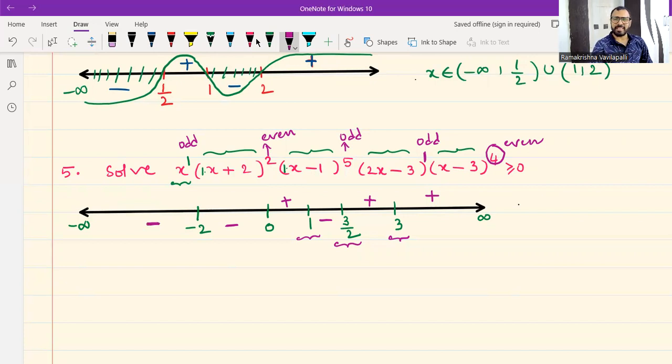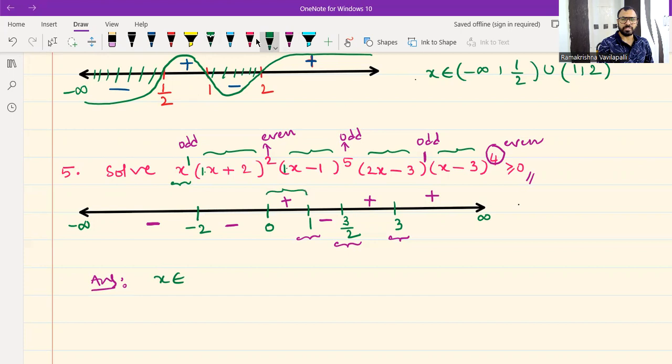We want the expression to be greater than or equal to 0, so the expression can be 0 as well. Therefore we want greater than or equal to 0. So now the answer is, x belongs to, you find the positive signs, only positive signs.